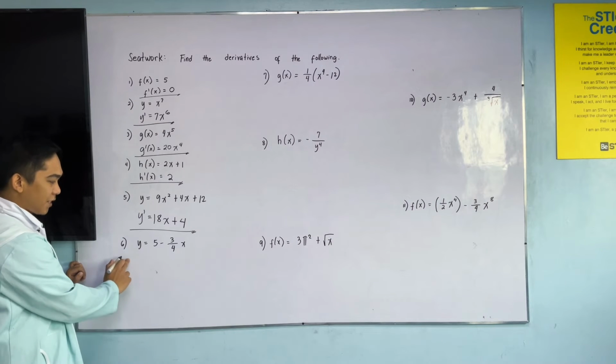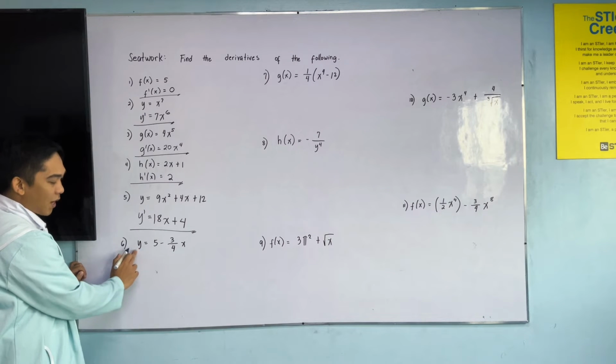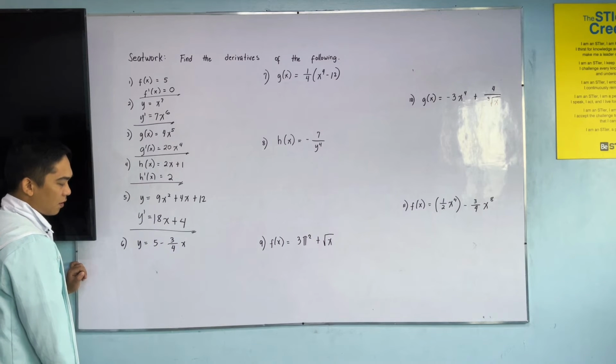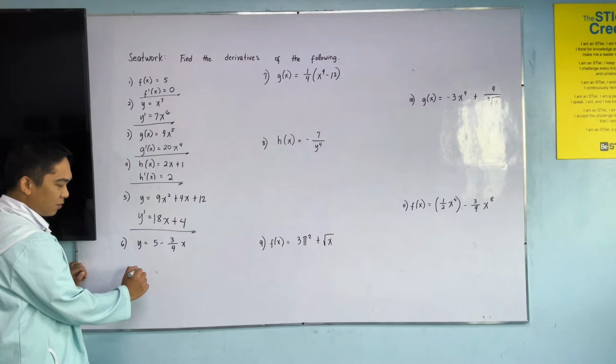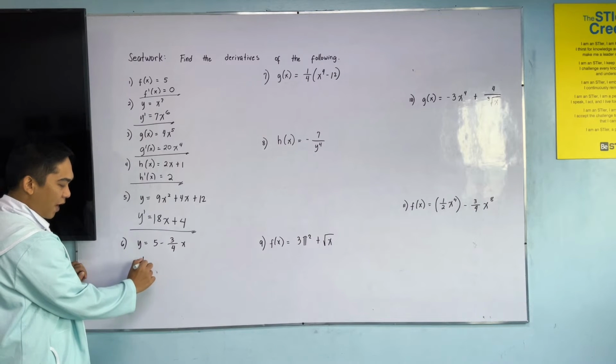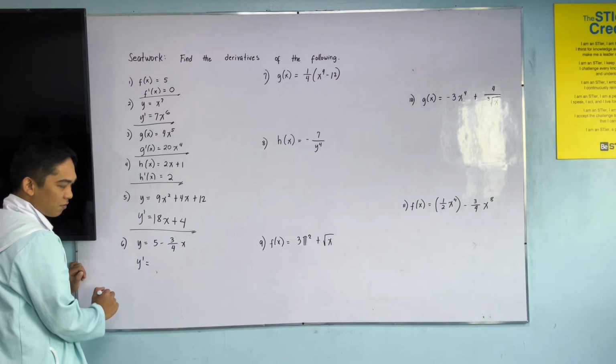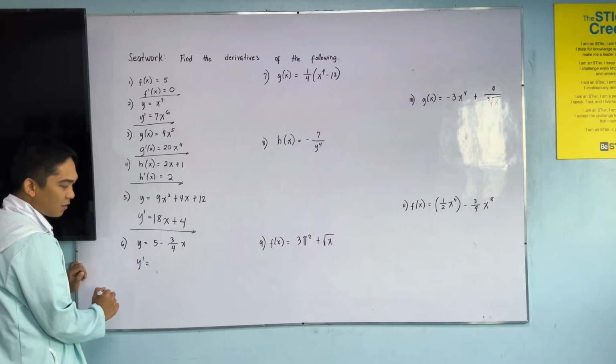Next, number 6. Y is equal to 5 minus 3 over 4x. So, y prime is equal to, si 5 ay constant. So, may iwan na lang ito.